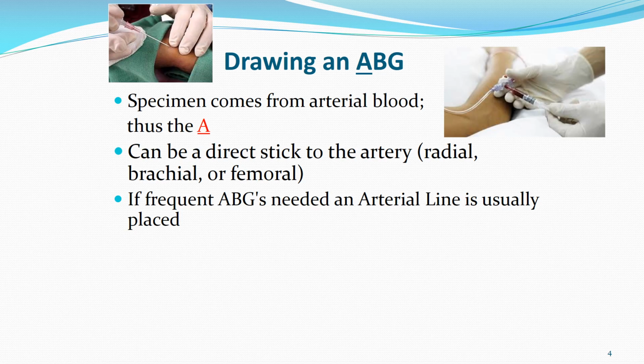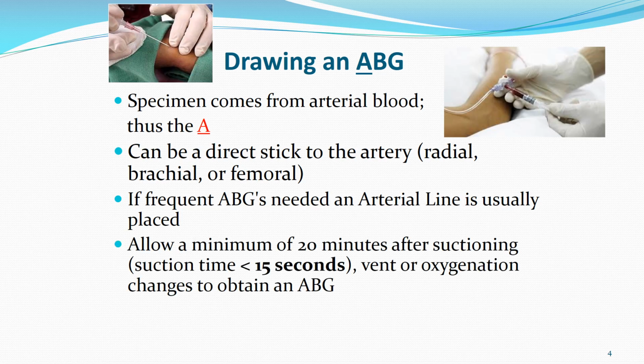The effects of our actions haven't really kicked in yet. We need to wait at least 20 minutes after we did that thing to help our patient, and then draw an ABG to see the effects of it. So in a sense, we need to wait for the dust to settle to determine what really happened to our patient's arterial blood gases as a result of what we did for our patient.